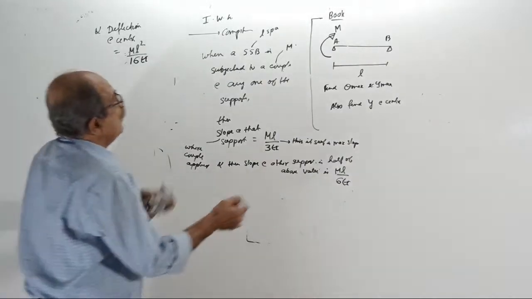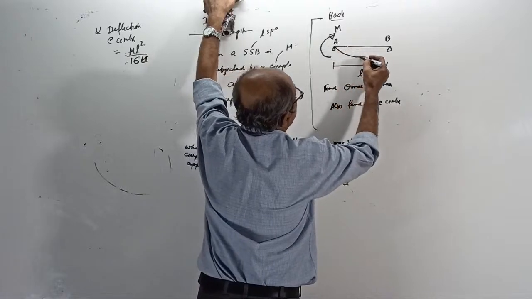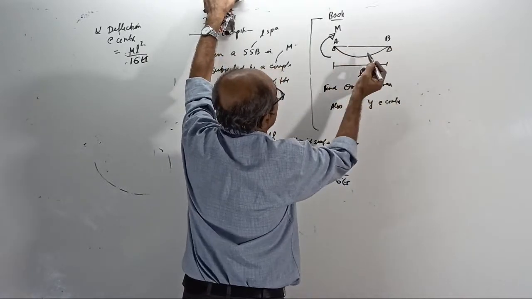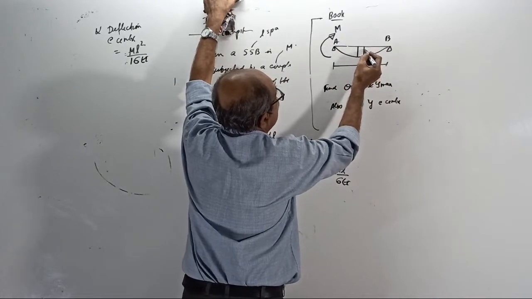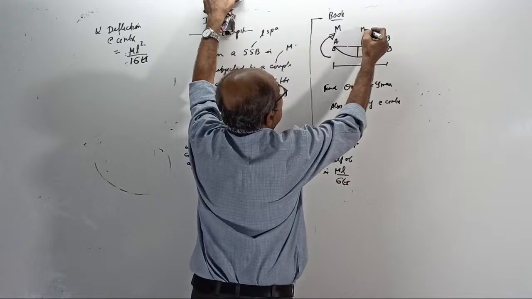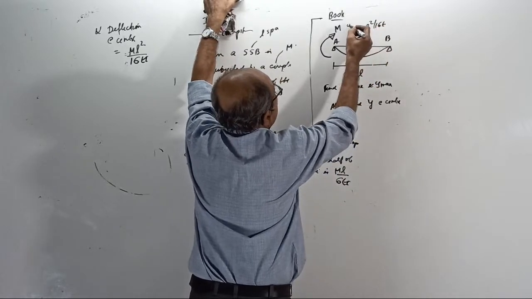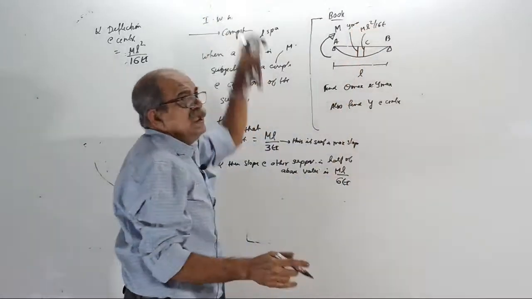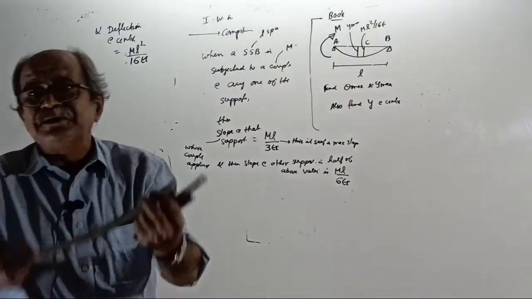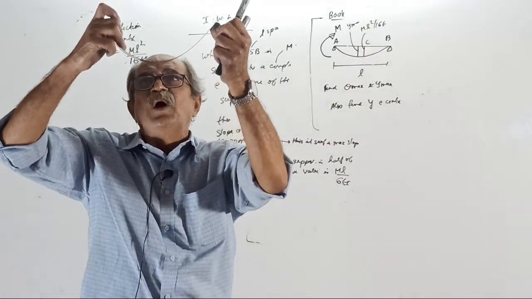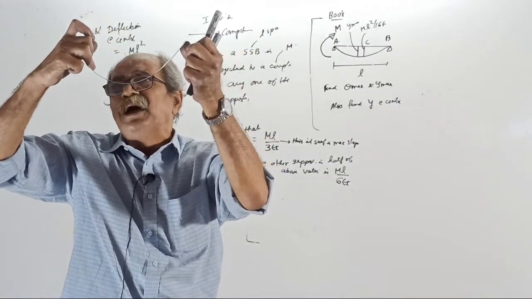Now the beam will bend like this, unsymmetrically. The central deflection is ML square by 16EI, and this is not the Y maximum. Tell me, Y max will take place on which side? If you apply a couple at one end, will Y max come on the side where the couple is applied or the other side?